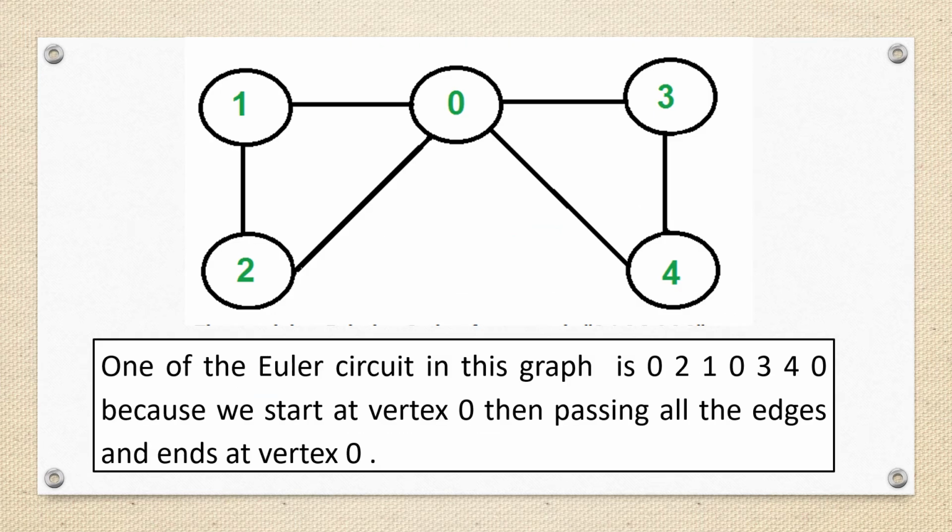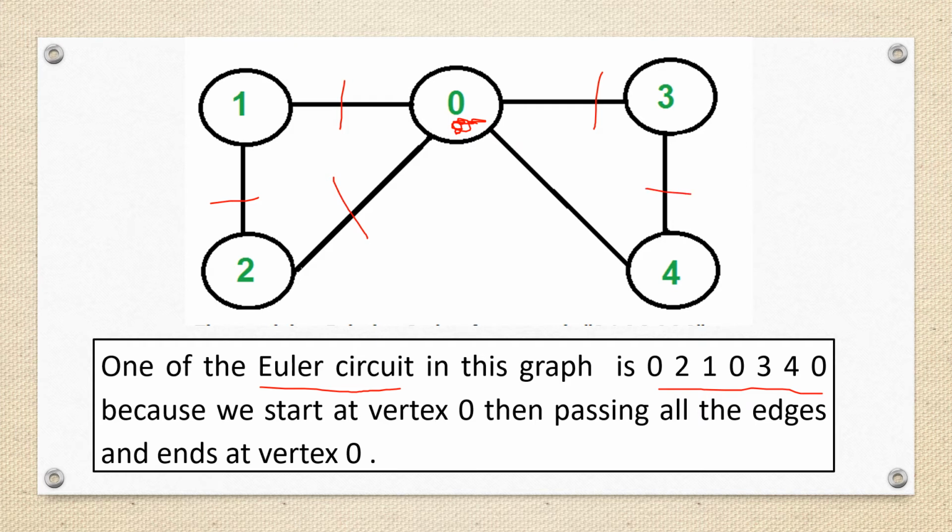So, this is an example for Euler circuit. In this graph, let's have this circuit. We'll start at 0. Then from 0, we'll go to 2, so nagamit natin yung edge na yan. From 2, we'll go to 1, nagamit ang edge na yan. Then 1, going to 0, nagamit ang edge na yan. Then from 0, we'll go to 3. From 3, going to 4.